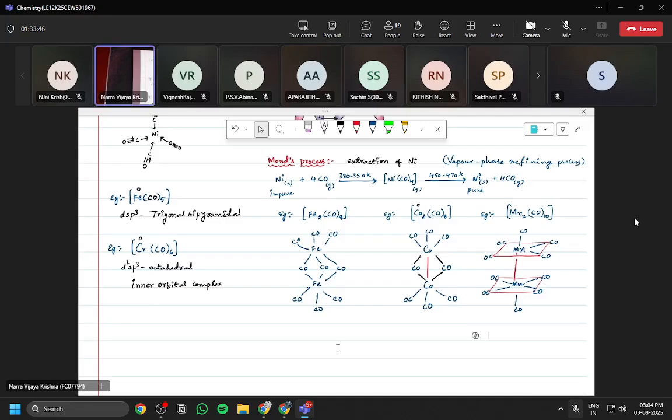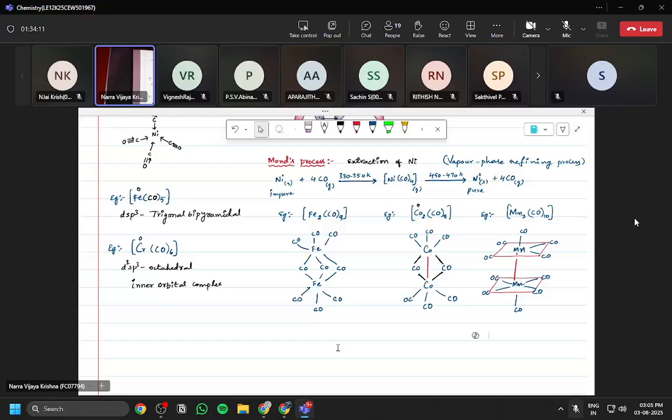Following? Where, man? Question number? Page number? 37, huh? Just a moment. Question number 47: in which of the following is the EAN of the central atom different from others?